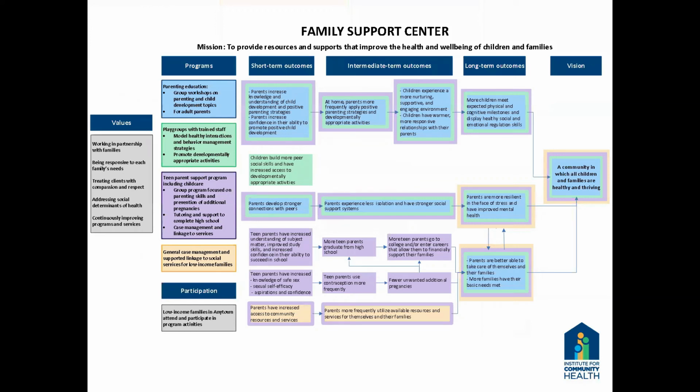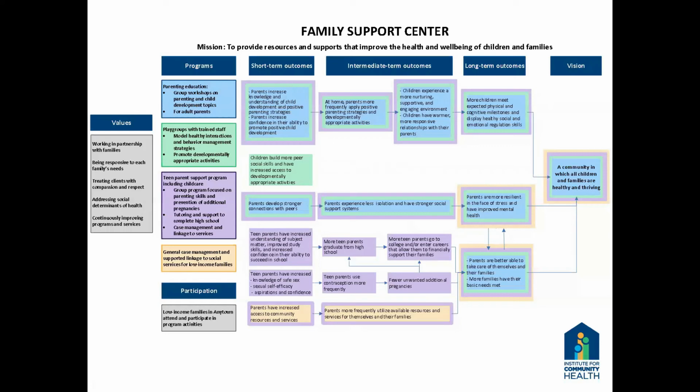So with the example we have here, one of their long-term outcomes, in the middle on the right, was parents are more resilient in the face of stress and have improved mental health. The way they thought they could get there was through their programs promoting networking and social connection among parents.